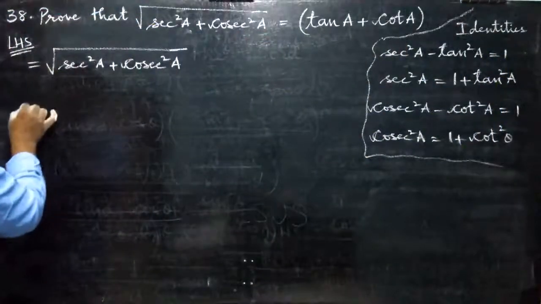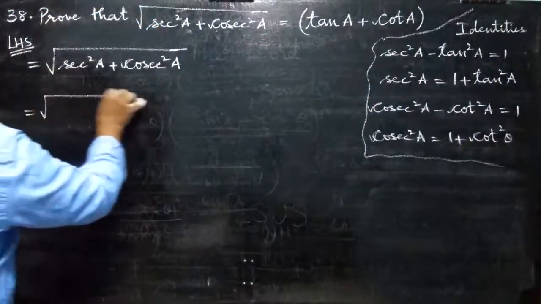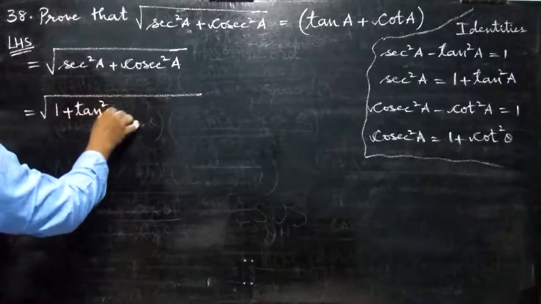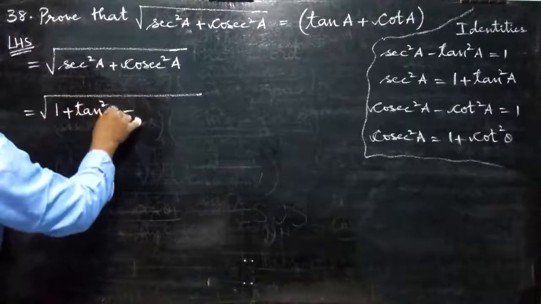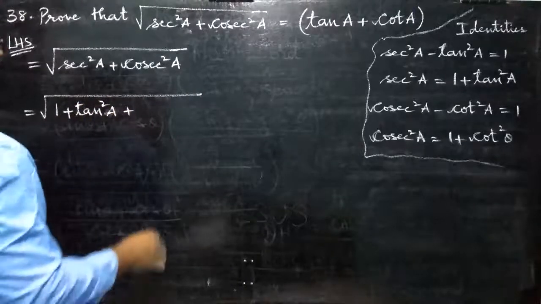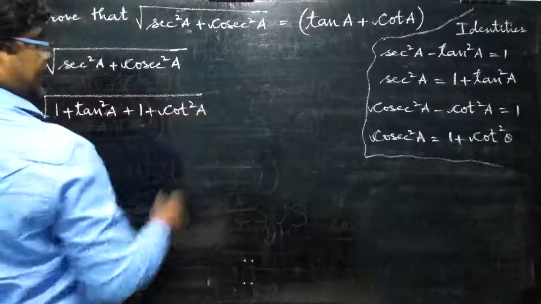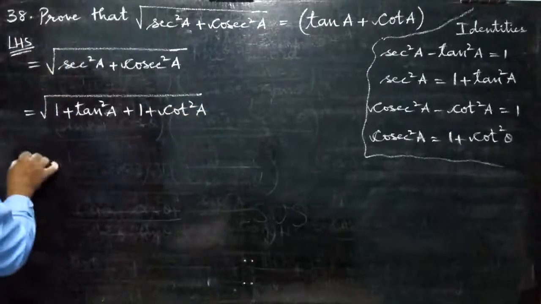Now in the place of secant square A, I am writing 1 plus tan square A, and cosecant square A plus 1 plus cot square A. We are writing. Now arrange in order.